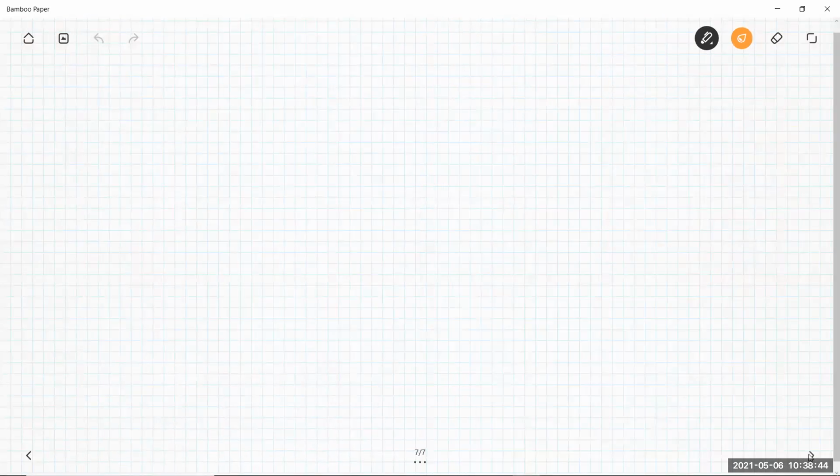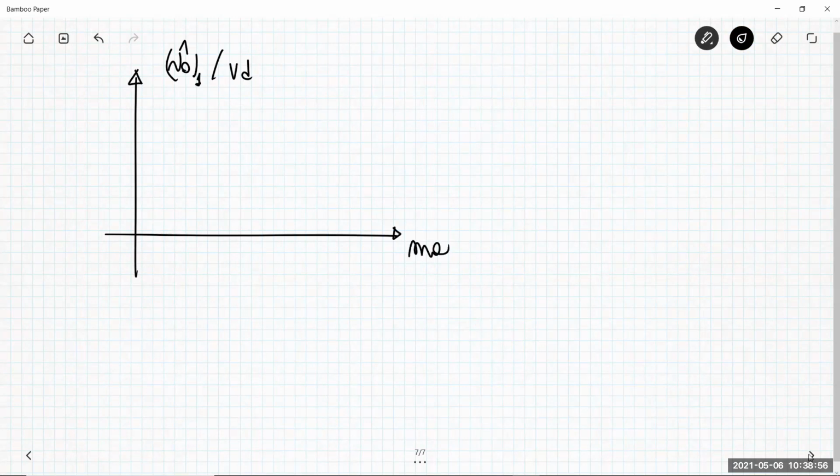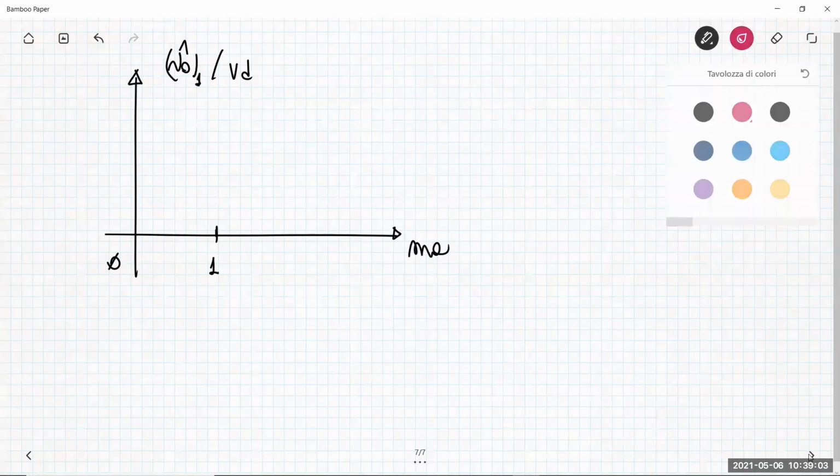Typically, this can be shown also in a graph in which you have V naught fundamental component peak value over Vd as a function of the amplitude modulation factor. The amplitude modulation factor ranges from 0 to 1, and so we have that behavior.